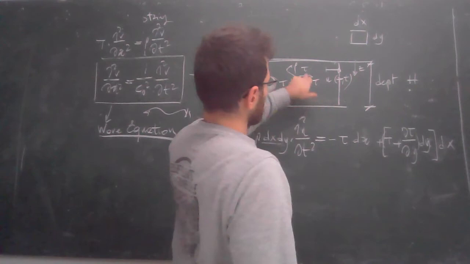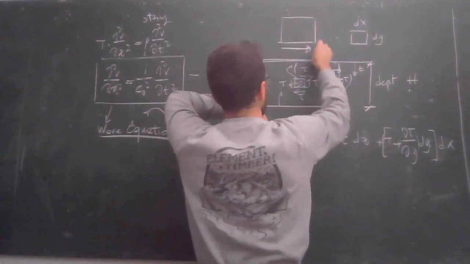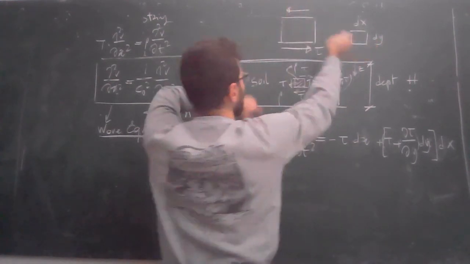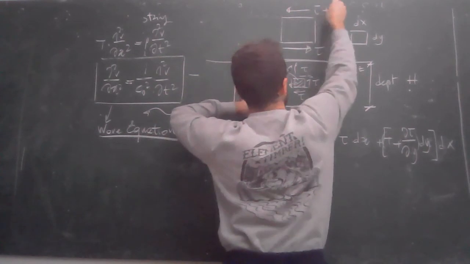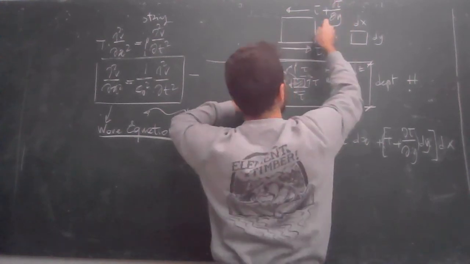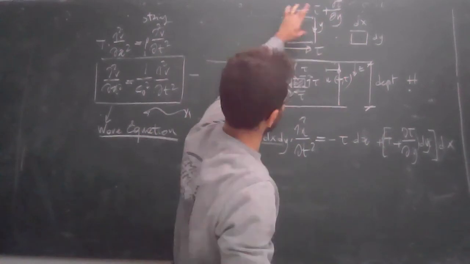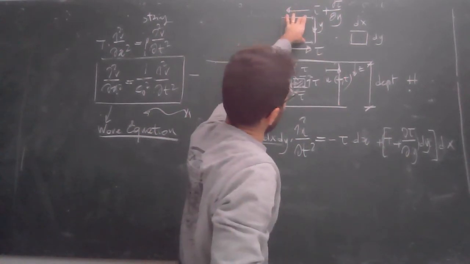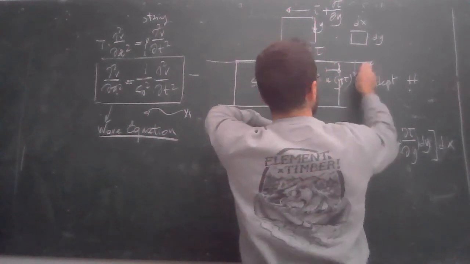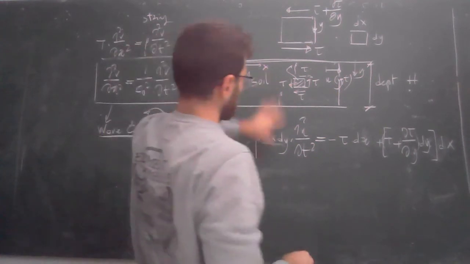What does it mean? That if we have the element, here we have a certain tau, but the tau up here is different and could be tau plus d tau over dy. And y is the vertical. So now we can call it y, because it is the xy plane. Okay.